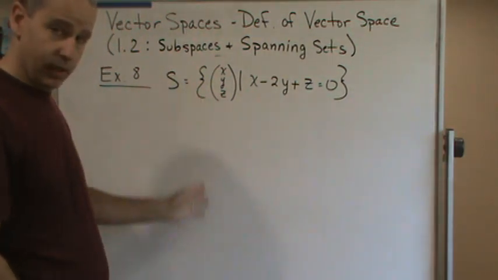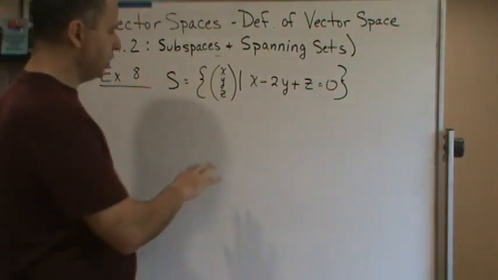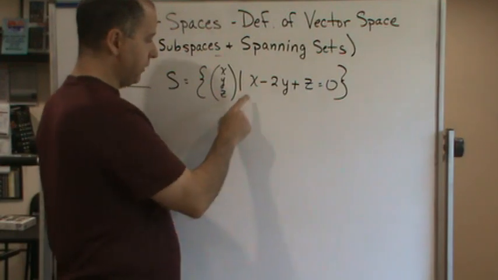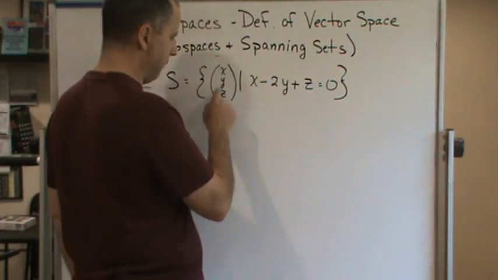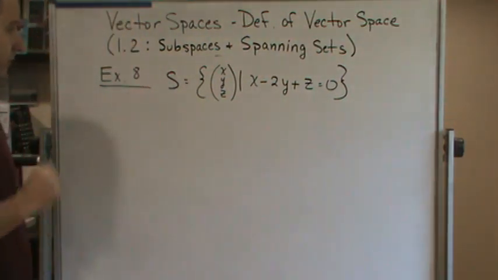It's easy to show that this is non-empty because the zero vector is in here. If you put 0, 0, 0, you get 0. So the zero vector is in there.